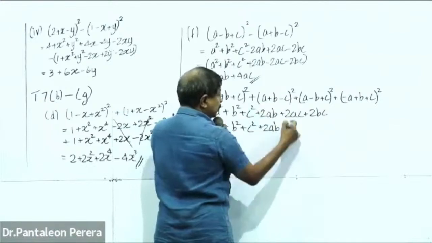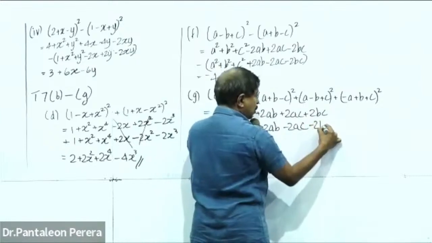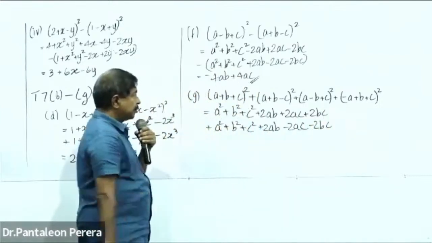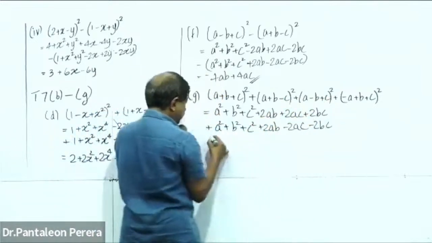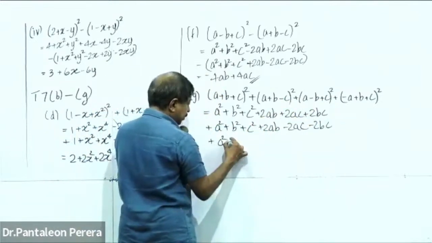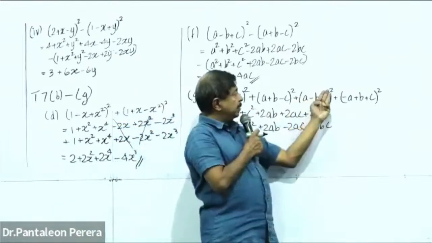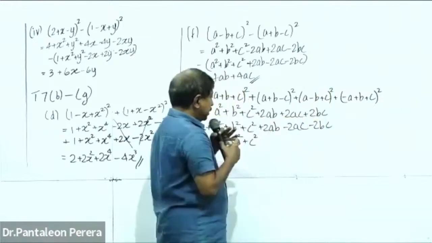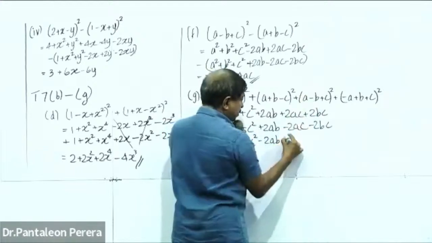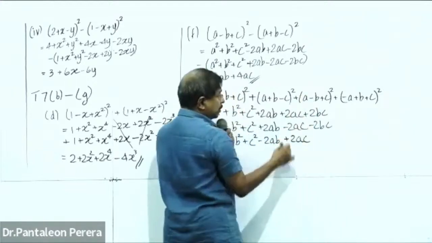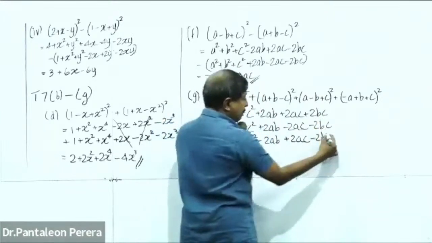When you close B, you have minus 2ac. When you close A, you have minus 2bc. Then in the third case, you get the same set of squares. Close C, you get minus 2ab. Close minus B, you have 2ac. Close A, you have minus 2bc.